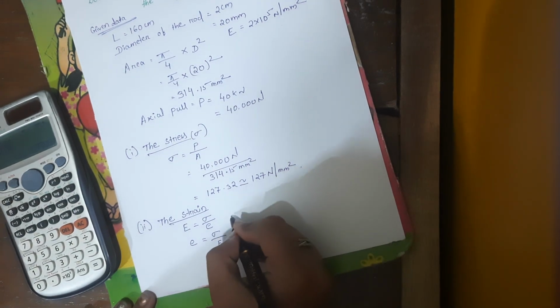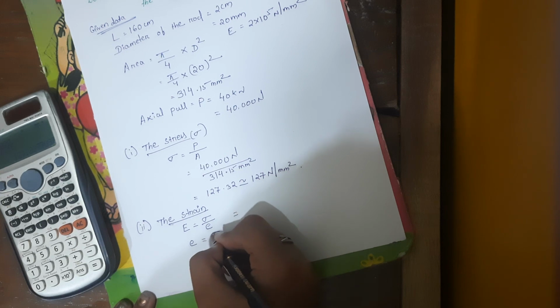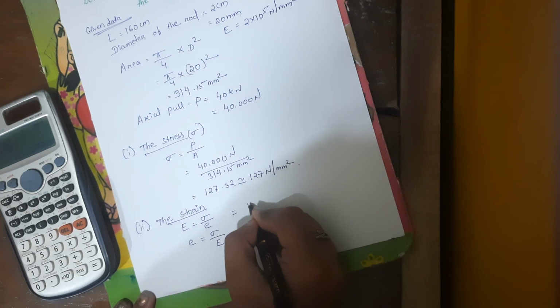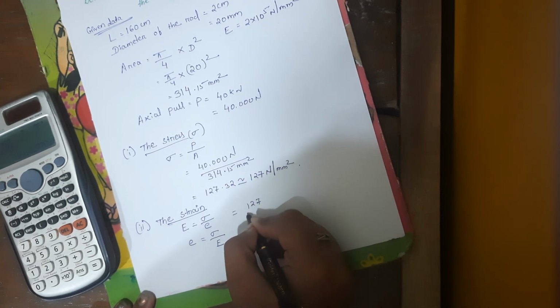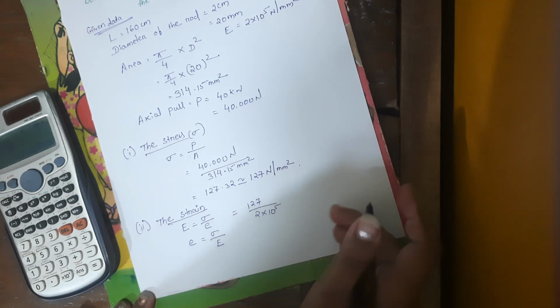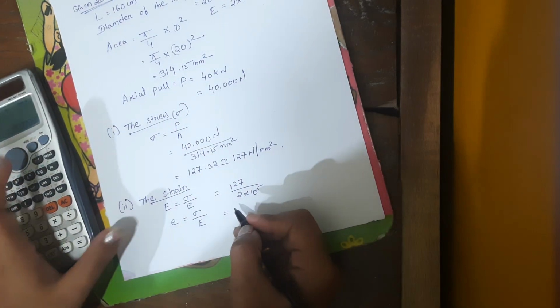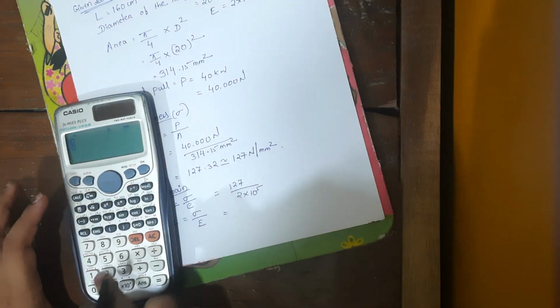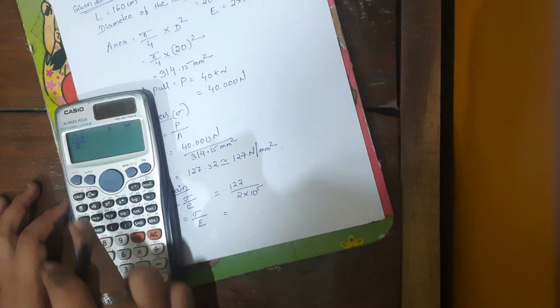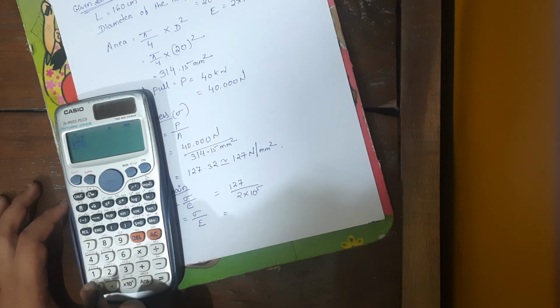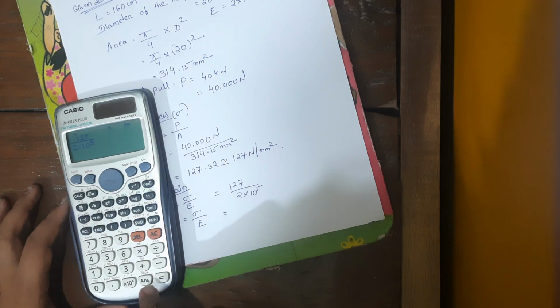Now, what is the sigma? 127, that is sigma, and capital E is 2 into 10 to the power 5, right? The answer: calculate 127 divided by 2 into 10 to the power 5.